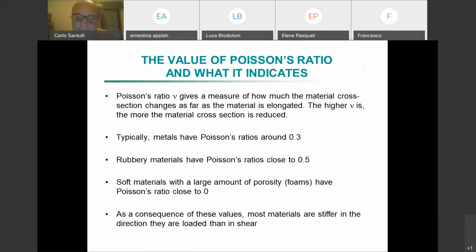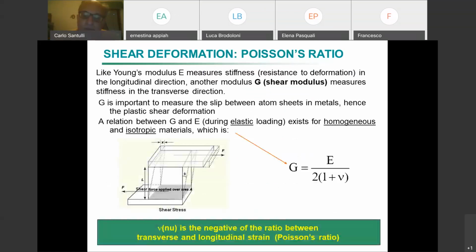But they resist very little in the shear direction. In practical terms, if you have a nu equal to 0.5, you have that G is equal to 1/3 of E, which is the minimum physical value.